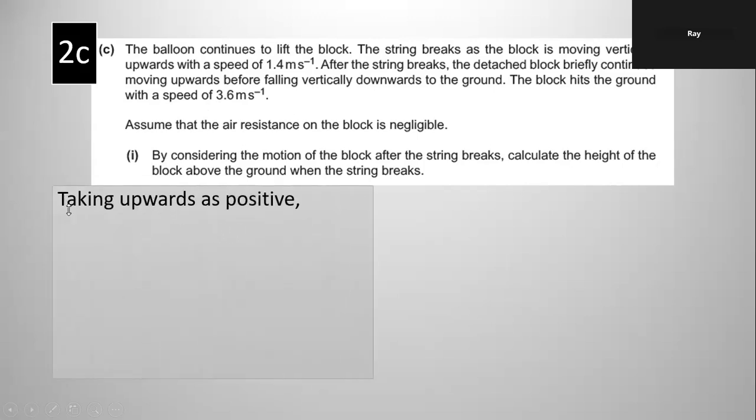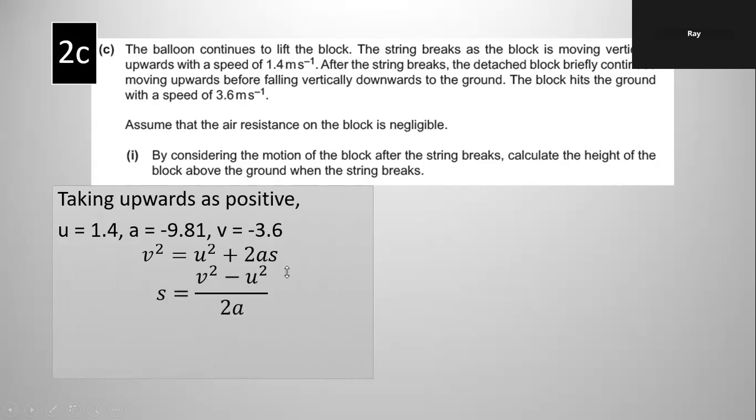So write down what is given, taking upwards as positive. That's the initial speed. Acceleration is downwards, negative. Then this is downwards, 3.6 is downwards. So it's minus 3.6. And choose the equation to use. And calculate the distance. Minus 5.6 meter.